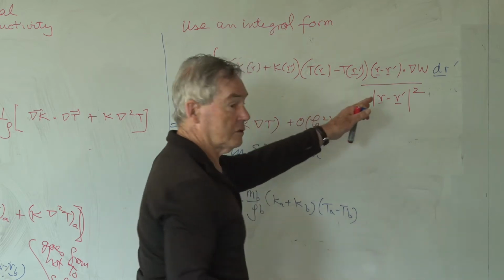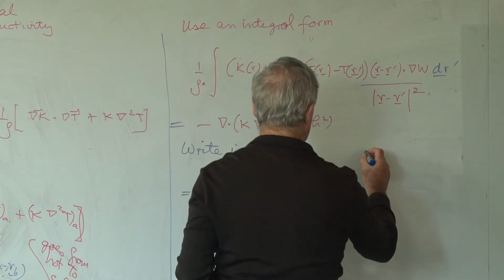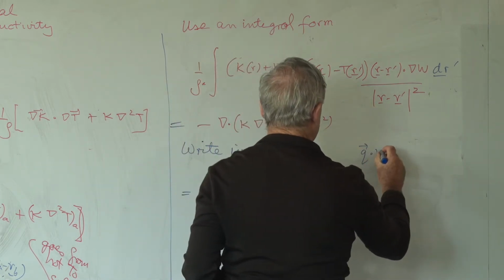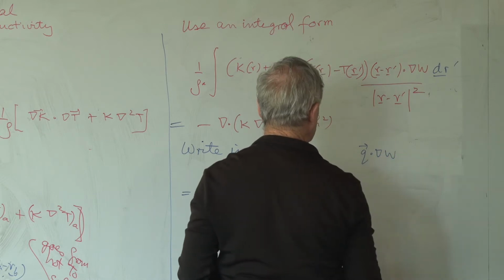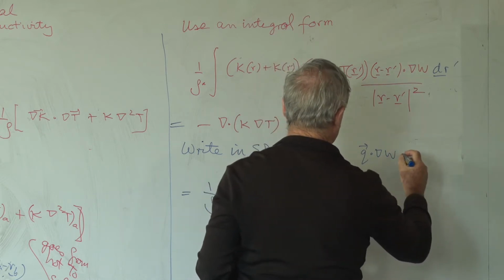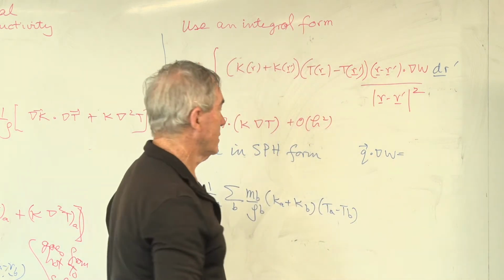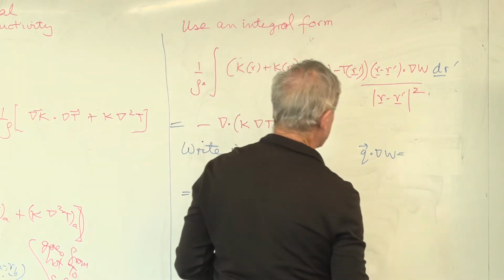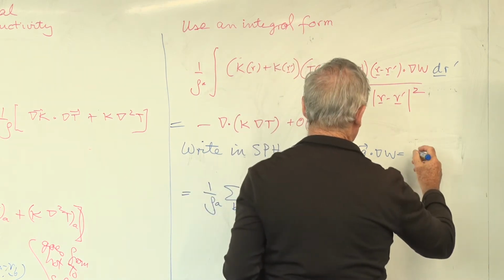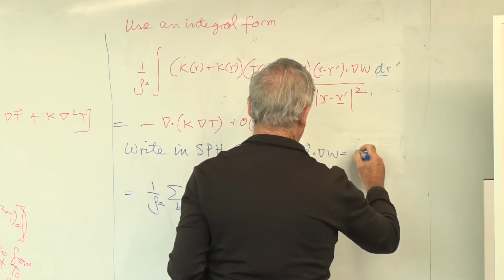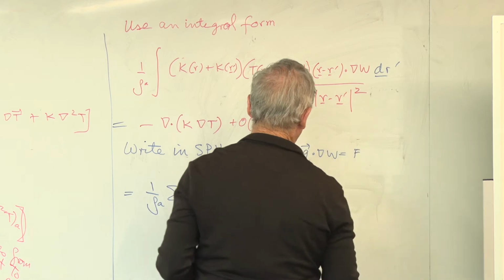Now I have this stuff, but I'm going to write Q dot grad W equal to some F term.